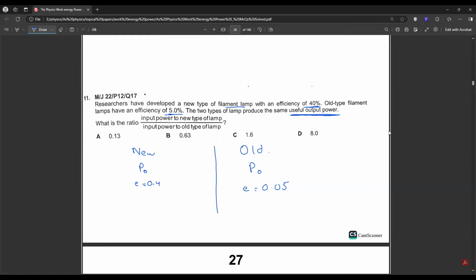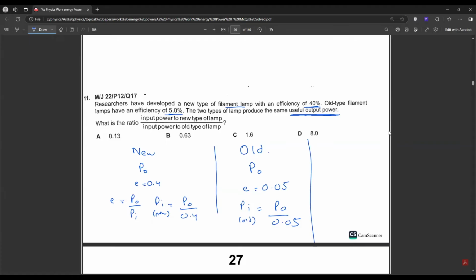Can we calculate the power input here? Yes, we can surely do that. Efficiency is equal to power output over power input. Efficiency is 0.4, so power input comes out to be power output divided by 0.4. Here also we can do the same. Power input is power output divided by 0.05. You have to calculate the input power of the new lamp divided by the input power of the old lamp.